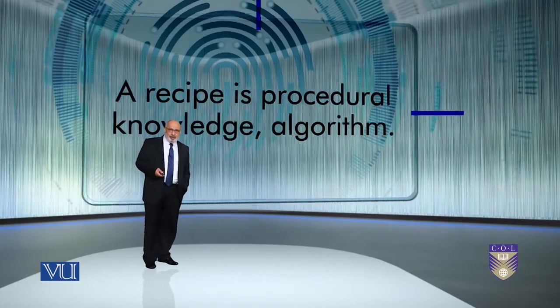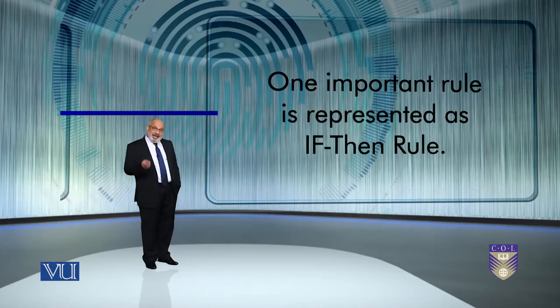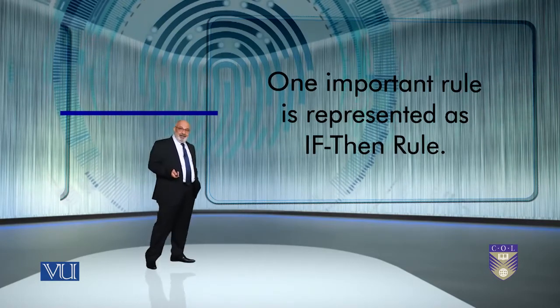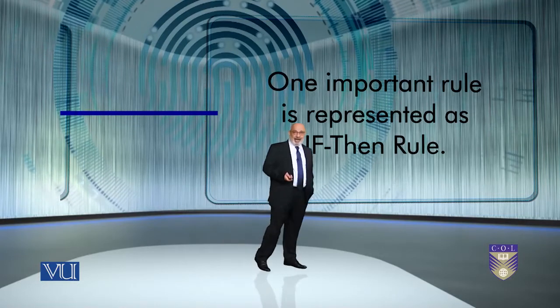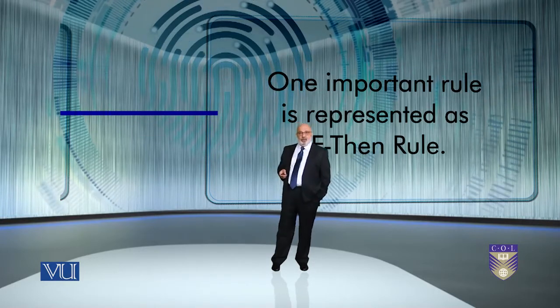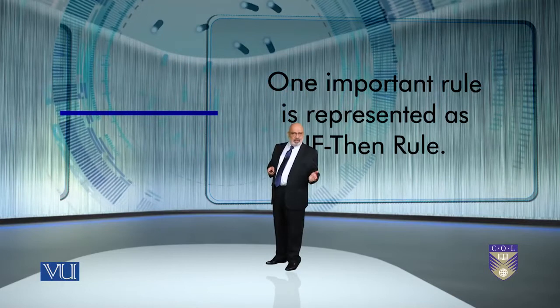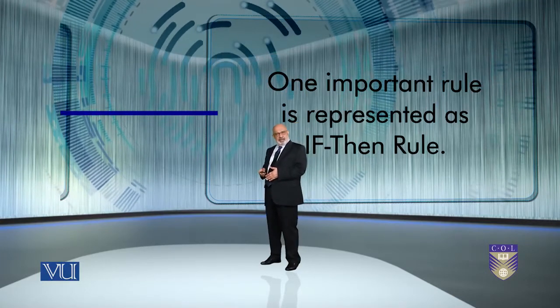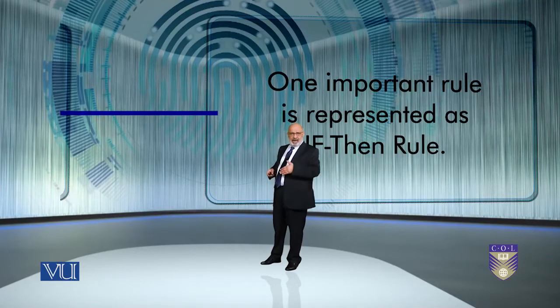In this approach, we also have something called if-then rules. If-then rules are very interesting. In this case, various coding languages actually use those programs as well as rules, as if-then: if this happens, then do this. If it is cold, start the heater. If it is, let's say, warm or hot, start the air conditioner.